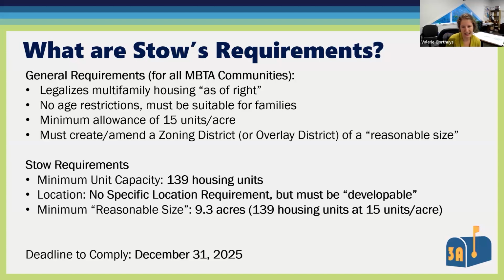Essentially, we need to get to a zoning district that's a size that can, at 15 units an acre, provide for 139 housing units. We don't have a specific location requirement for Stow, simply that it's developable land, which I'll go into further. And then our deadline to comply is December 31st, 2025.